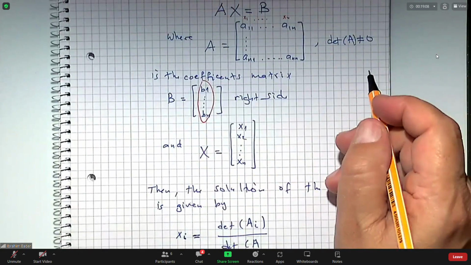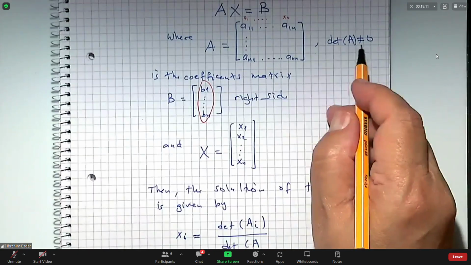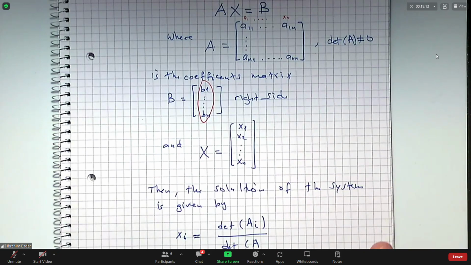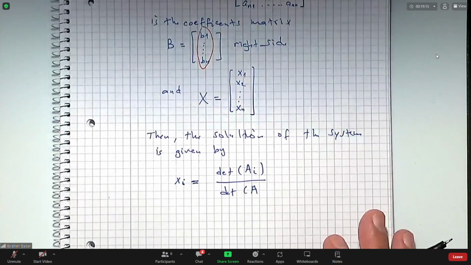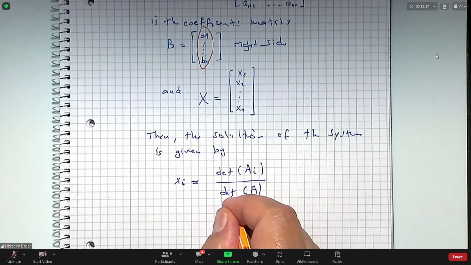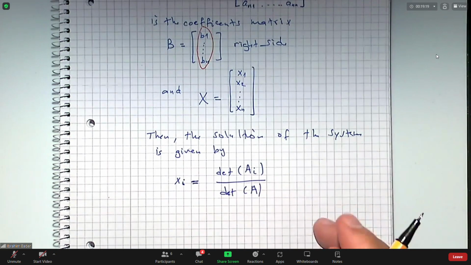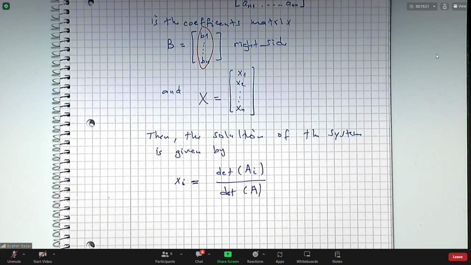So this is, I just added here on top, determinant of A is not equal to 0, because obviously we are going to divide always. So as you see here, the determinant of A is a so-called common factor for all.